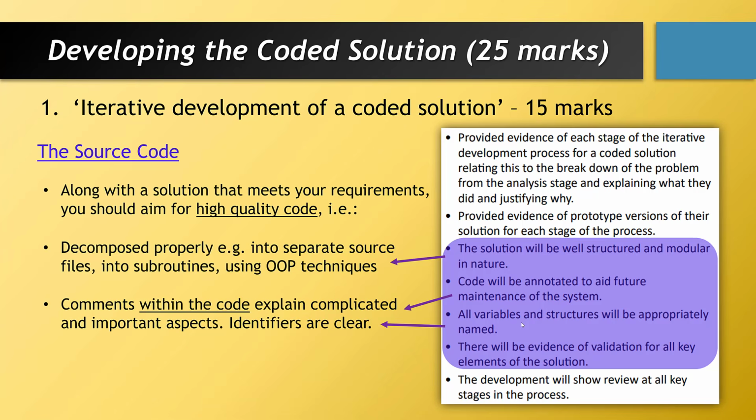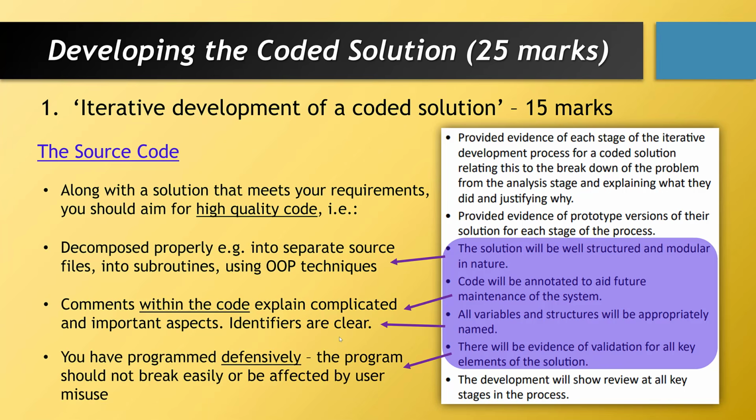Focus on maybe one comment for every subroutine with maybe another few if there's anything particularly complex within that subroutine. And the names of things like subroutines and variables and your arrays should be clear and understandable. Something like menu 1 or sub 5, not clear. It should self-document what exactly it is.